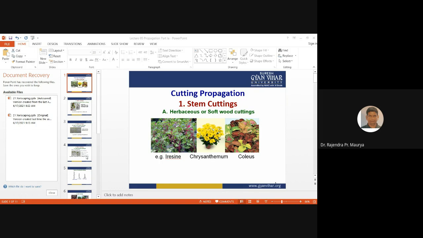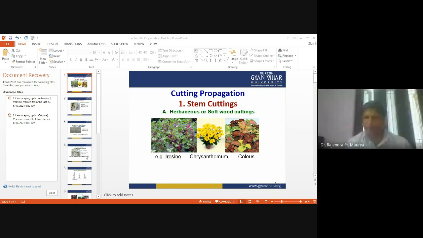Okay, factors affecting cutting propagation. If we compare cutting propagation with the other propagation methods, then we can say cutting propagation is an easier, convenient, and very beneficial propagation method.